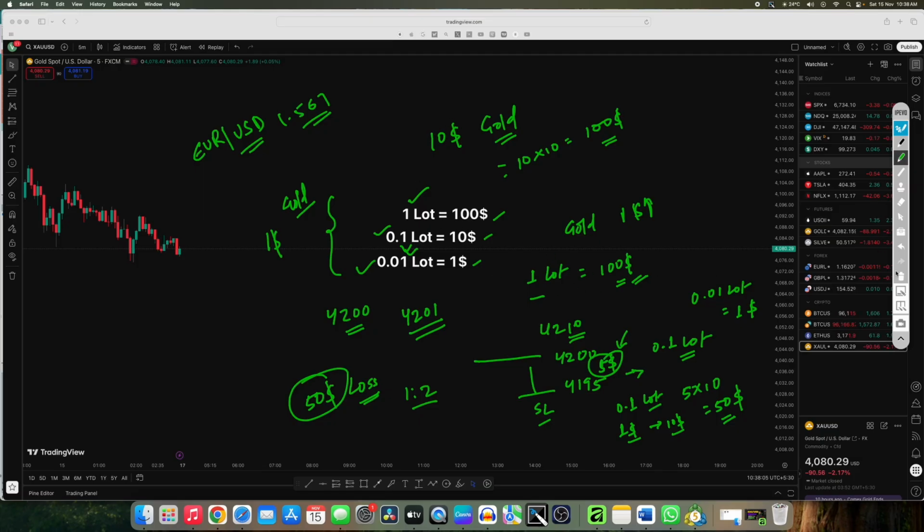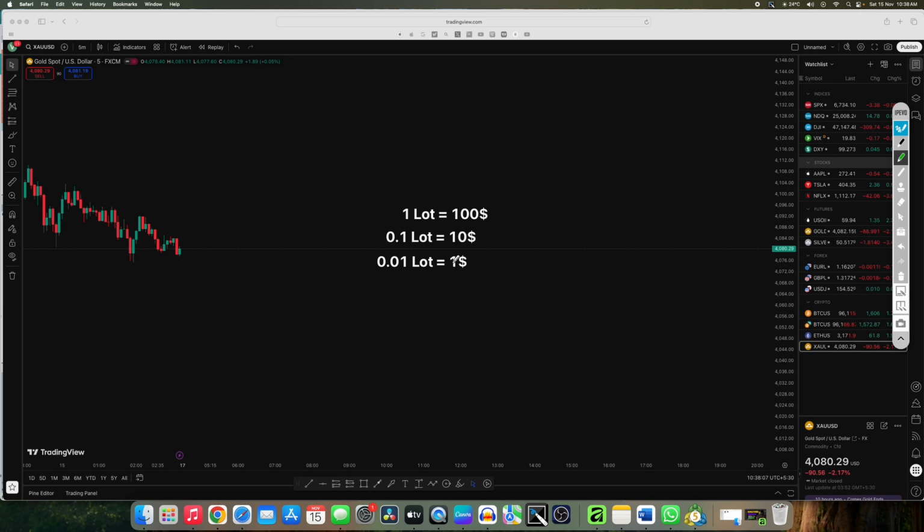So this has a simple rule. Let me summarize. This $1 gold means on the spot. Like here, it is currently at 4080. Now if it reaches 4081, then this is a $1 movement on the spot.